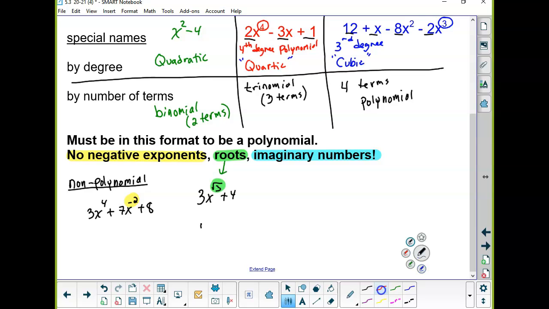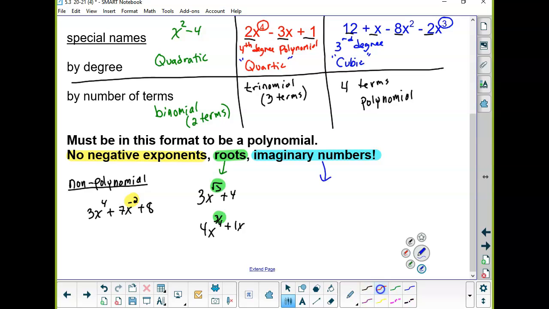Another way to write something like that, and we're going to get into this a little bit later, is, let's say I've got a 3/4. Right? 3/4 is a way to write a root, but we haven't studied that a lot. So I just want you to know, if it's not a positive whole number, then it's not a polynomial. Okay?